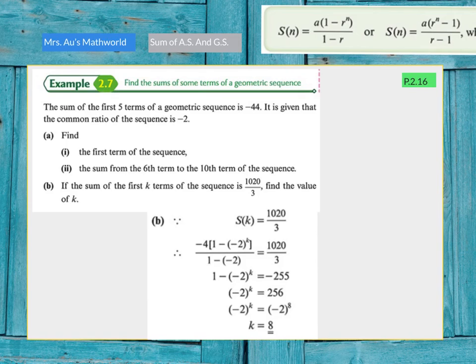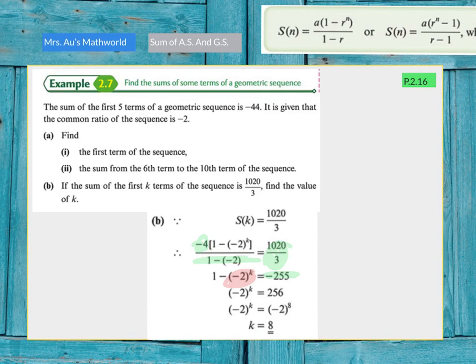Please be careful when you handle this kind of equation, because you have to first handle all the things outside the fraction carefully. Step 1: after handling these two numbers, 1020 over 3 divided by the number on the left to solve it, and then you will get negative 255. So we need to handle from the things outside to the inside. Then this is the bracket, negative 2 to the power k.